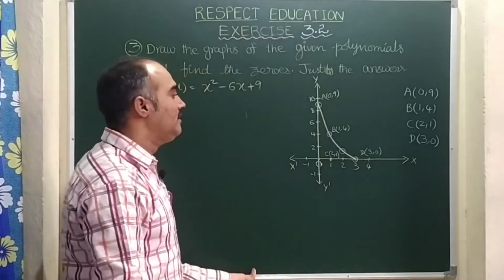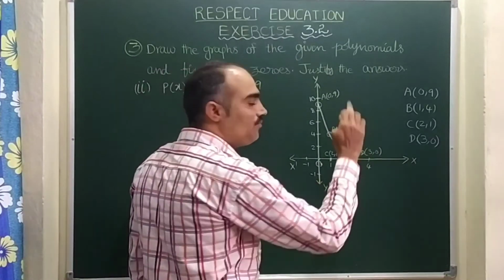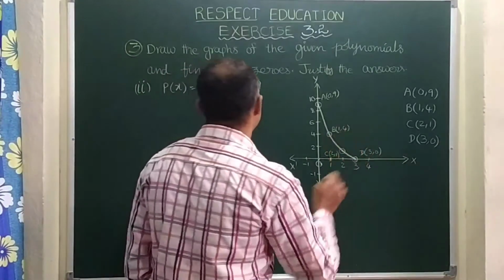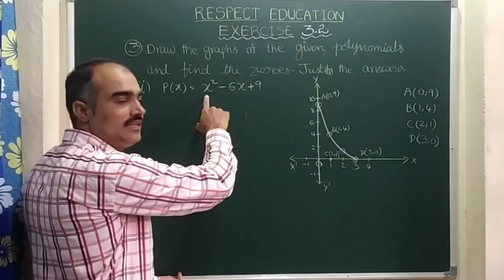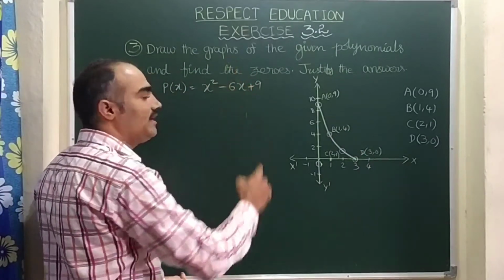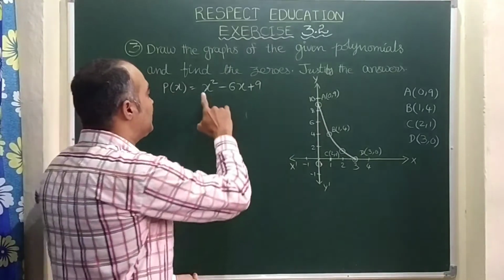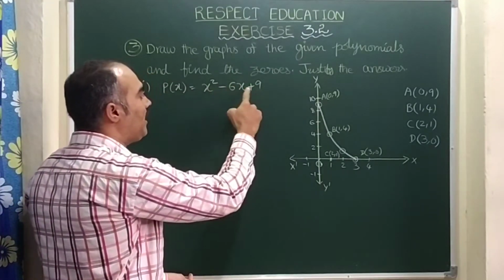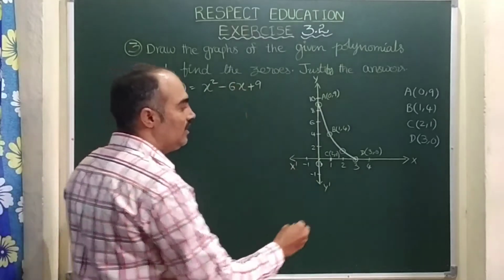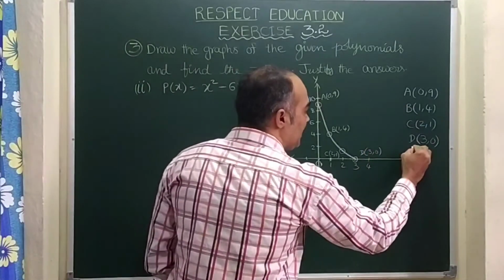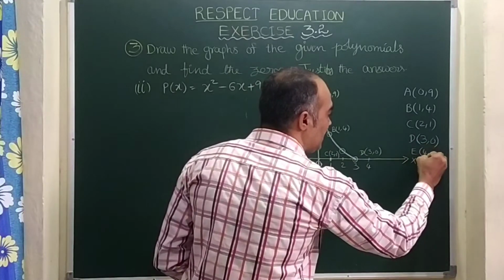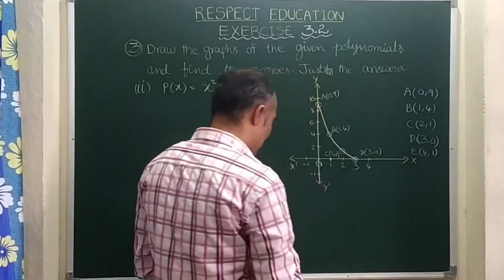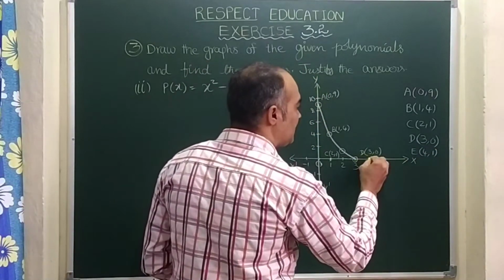You just imagine, what if we take 4? Actually we did not take. What if? Let us see here. 4 square is 16. 16 plus 9 is 25. Minus 6 times 4, which is 24. 25 minus 24 is 1. So if I take 4, then definitely I will get 1 here. So let us take that point as E (4, 1).